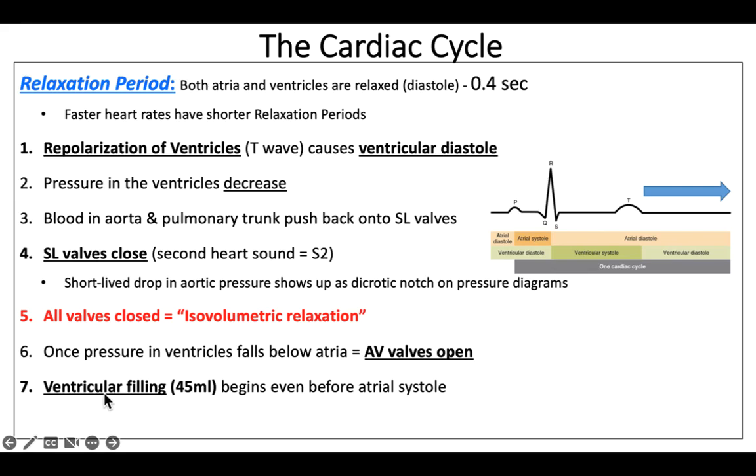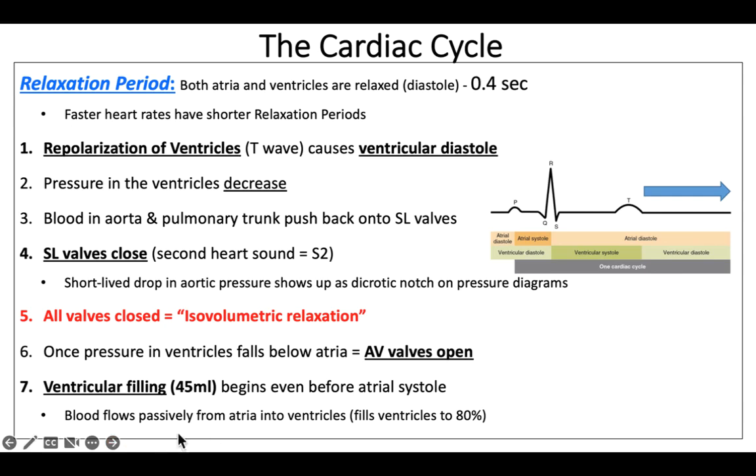So what did we have in there? We had the 60. We had that end systolic volume. Now we're going to start to refill with about 45 to get us back up to that 105 that we already had in the ventricles before we reached atrial systole. All right.